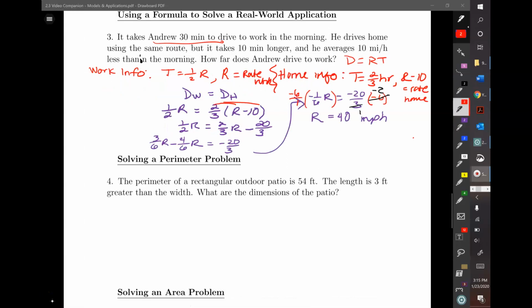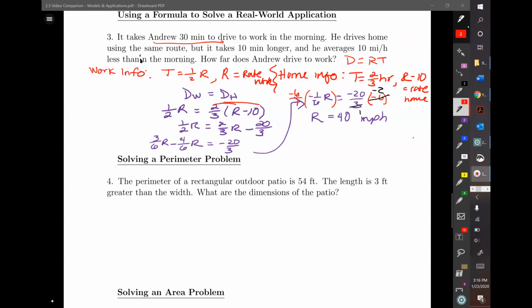So here I've arranged my equation. I had my given information. I had my equation, half R equals 2/3 times quantity R minus 10. I distributed, and I get half R equals 2/3 R minus 20/3. Then I wrote out how I did my math for the fractions.